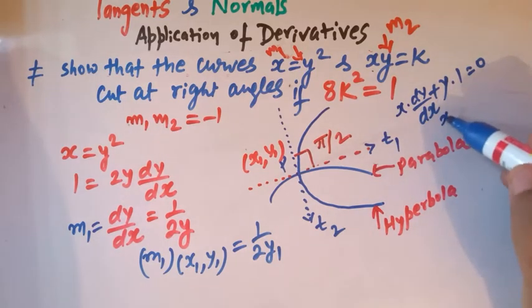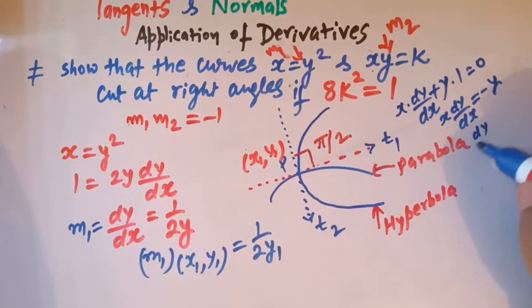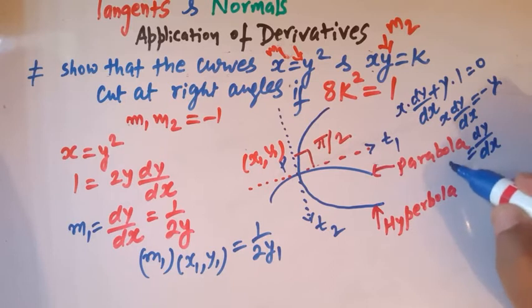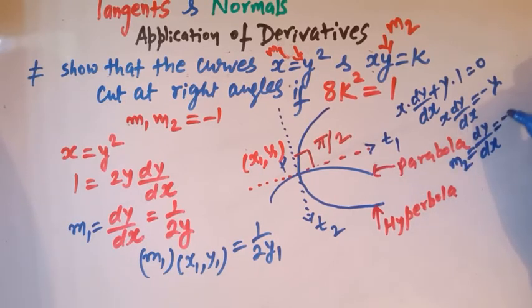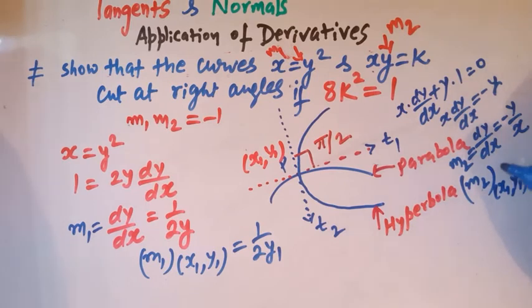So we have x dy over dx equal to minus y. So dy over dx, which is m2, is equal to minus y over x. So m2 at x1, y1 is equal to minus y1 over x1. Clear?